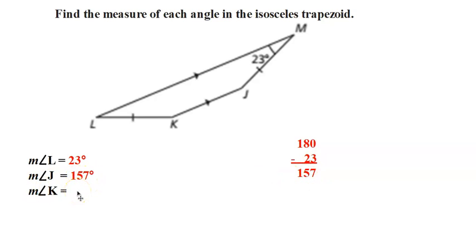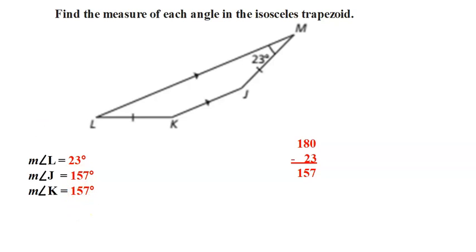So the measure of angle J is 157 because angles that share a leg, same side interior angles, are supplementary. And angle K is on the same base as angle J, so base angles being congruent again, angle K is also 157 degrees.